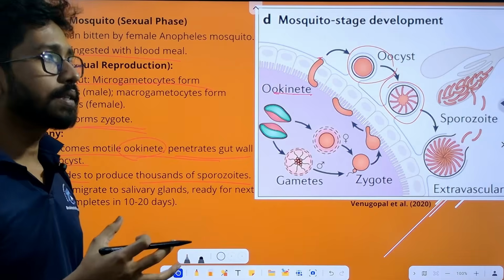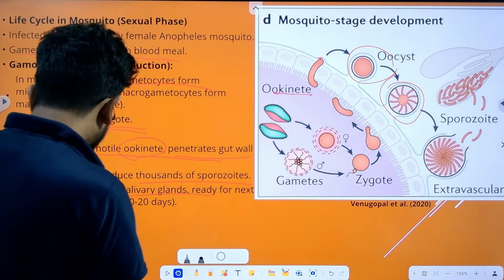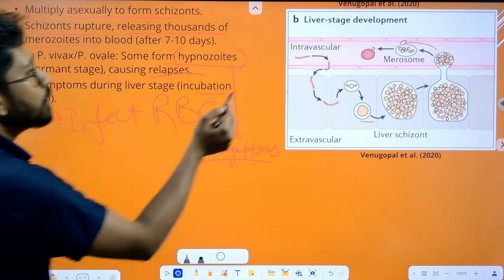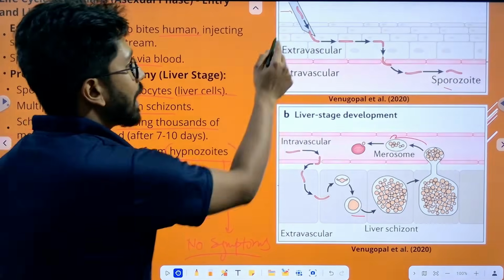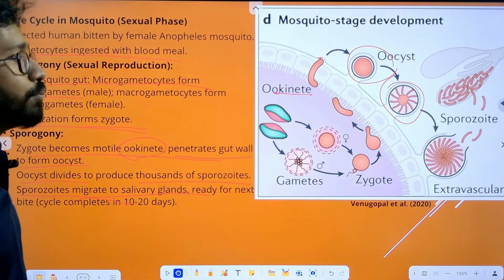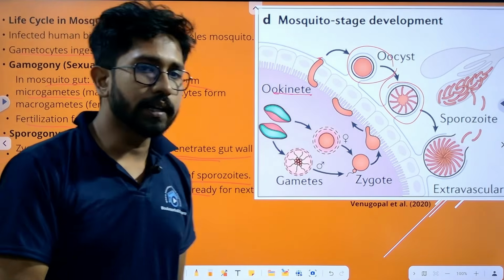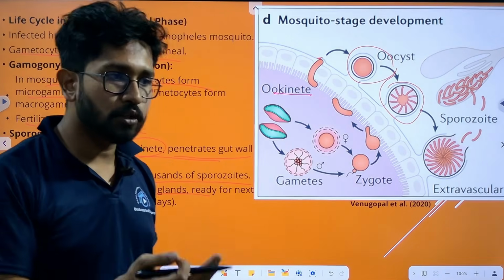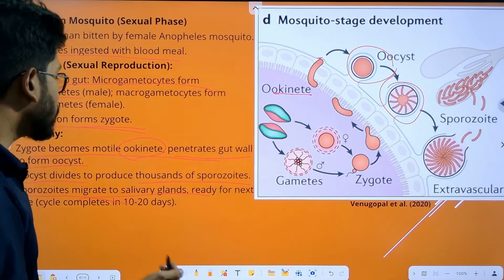So these sporozoites are going to migrate to the salivary gland, like we studied already. From the salivary gland, the sporozoites get into humans. In the mosquito, when zygote formation is complete and the zygotes develop thoroughly, they will form sporozoites which travel to the mosquito salivary gland.